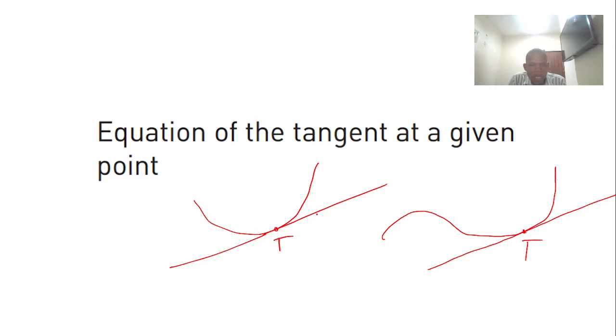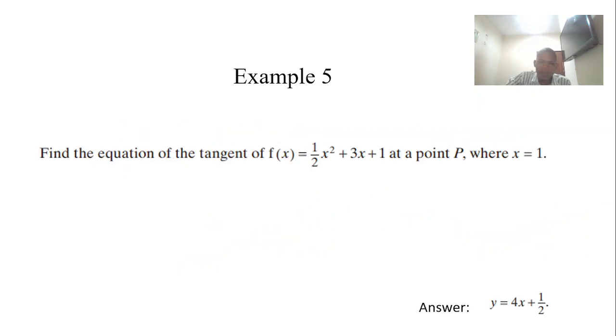Now, the given point must be the point of contact. Take note. This point T must have x, y, right? Very good. So basically, we want to find the equation of this tangent line, okay? Don't forget, it must be at the point.